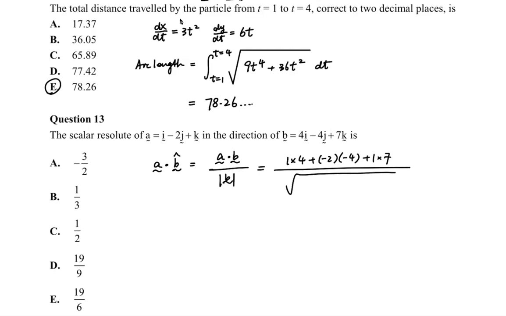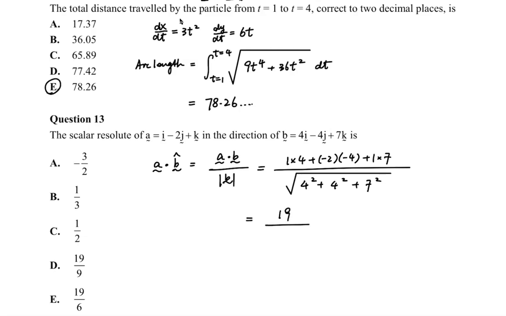And the length of B is given by 4 squared plus minus 4 squared plus 7 squared. The top will be 4 plus 8 plus 7. This should give you 19.